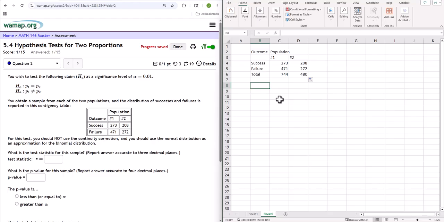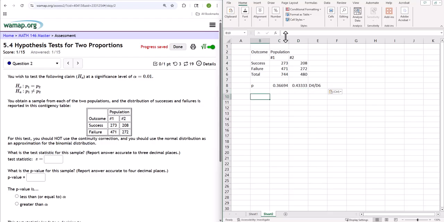Now I also need the proportions, so I'm going to just call those P, and we'll use the labels above for the two. So if I take the success and divide by the total, I should be able to get the proportion here, and if I drag it over, I can get that again. Again, in the cells here, we're taking the proportion of the successes over the total for both columns, and the totals we found by summing up the successes and the failures.